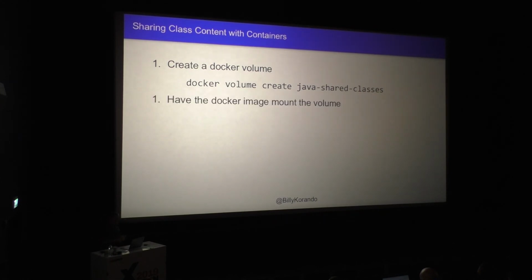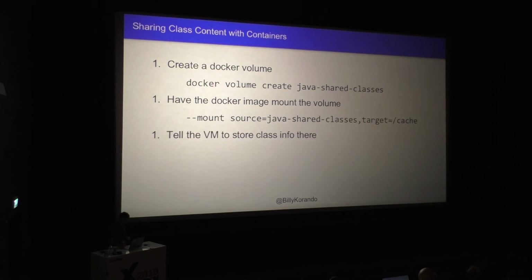Have the Docker image mount that volume. So use the --mount source, the Docker volume, and the target directory, which is the virtual target within your Docker container. So /cache in this example.